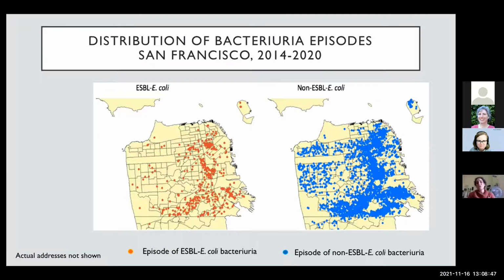So in terms of distribution of bacteria episodes in San Francisco, and I just want to point out that actual addresses are not shown, we see that the episodes of ESBL E. coli, in orange, and non-ESBL E. coli, in blue, kind of scatter around in the same distribution that we expect our patient population to distribute.